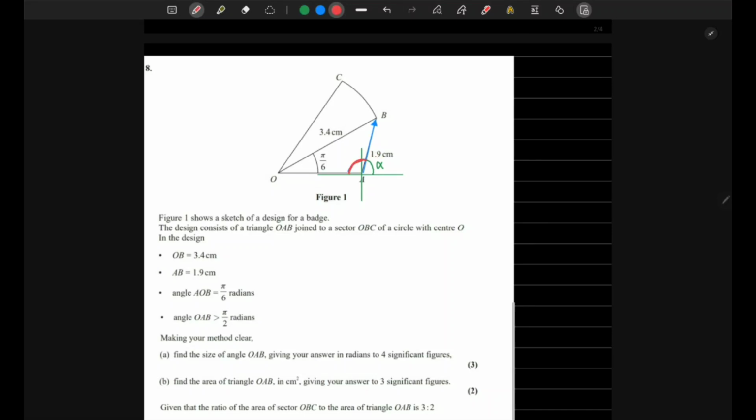To find this angle, you need to do this: this angle is pi minus alpha. So this is pi minus alpha.